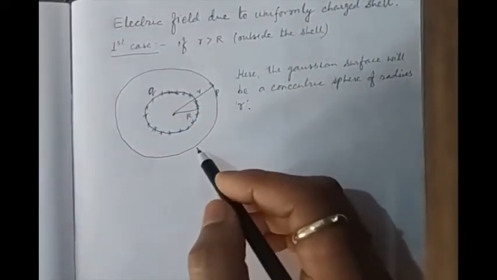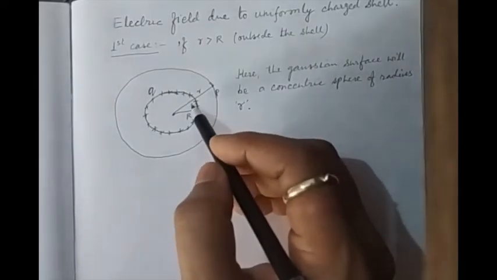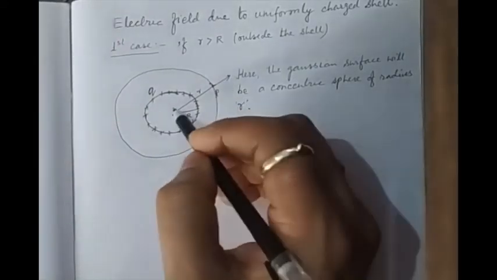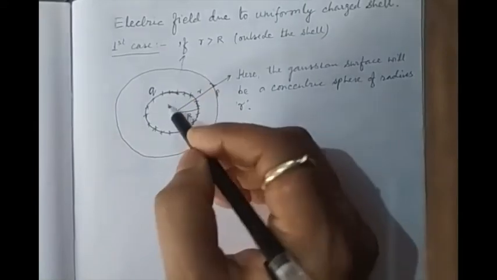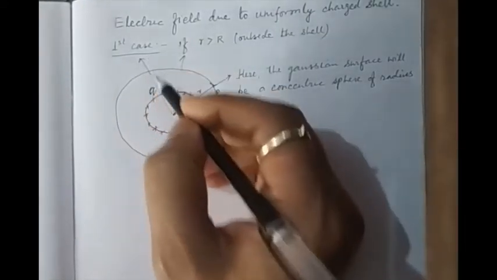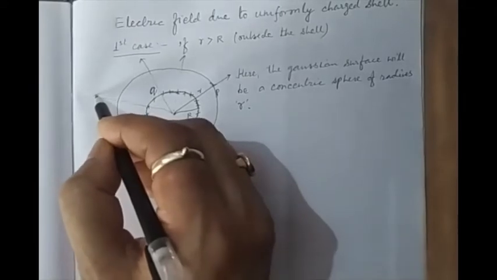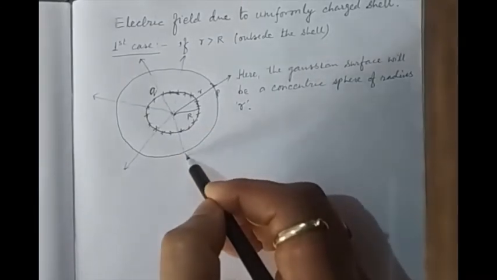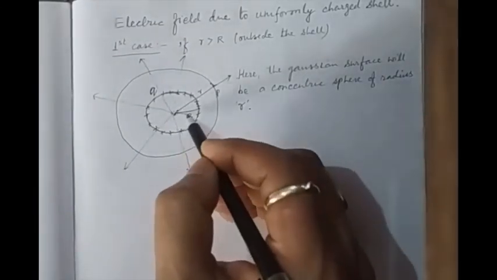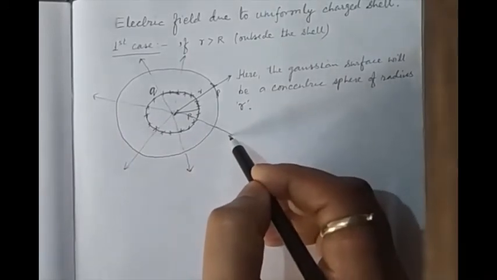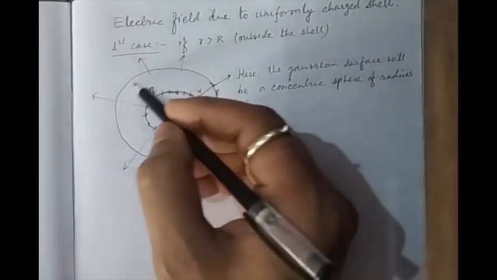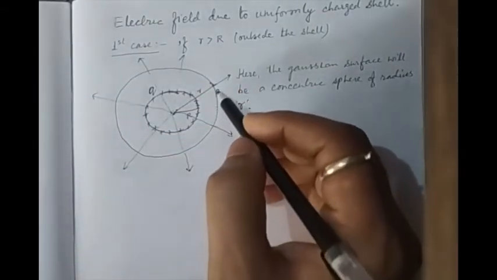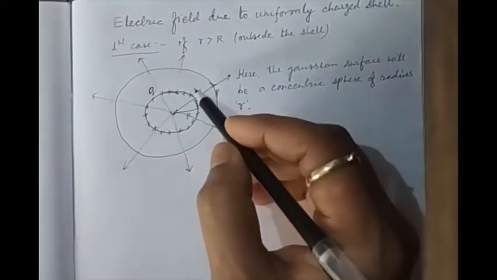By symmetry, you know that the direction of electric field lines are radially outward at every point on the Gaussian surface. Also, the magnitude of electric field is same at every point on the Gaussian surface, as each point of the Gaussian surface are equidistant.